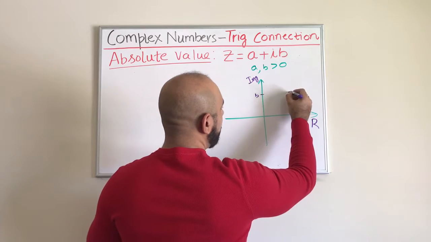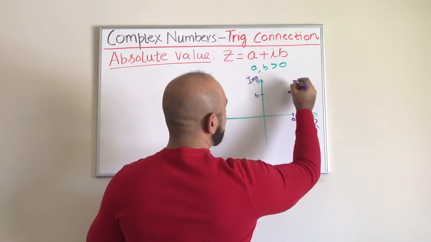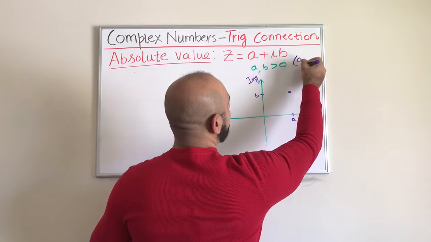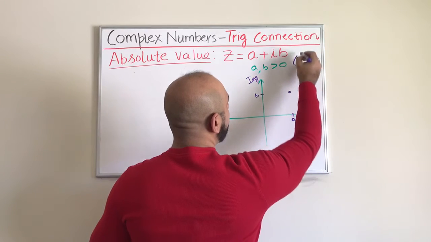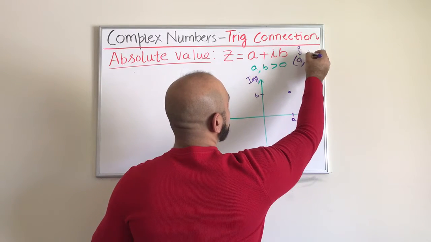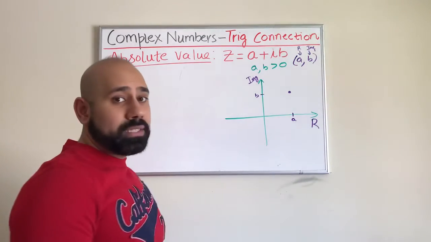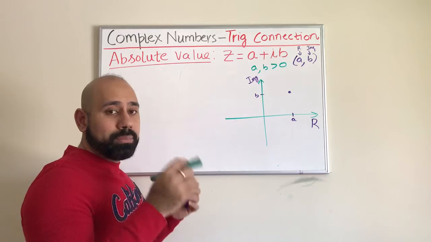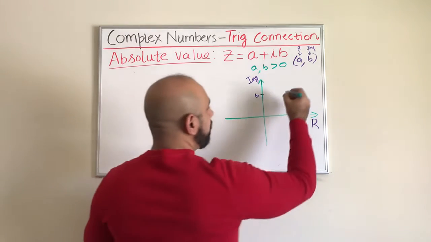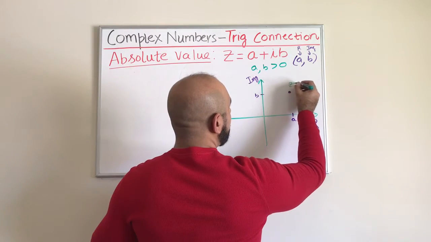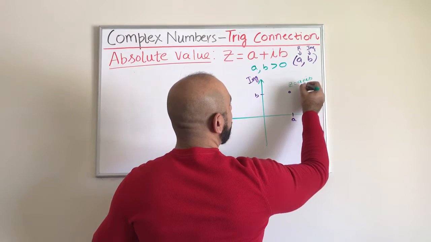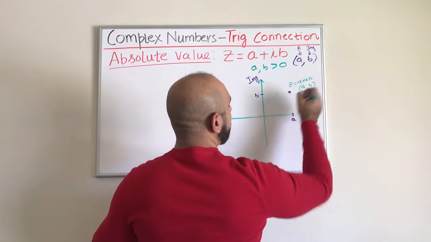This point would be my complex number z, represented by a coordinate pair a comma b, where a is the real part and b is my imaginary part. That is how we plot complex numbers. We identify the real and the imaginary part, and then we plot that point based on that information. So this is my complex number z equals a plus ib, or you can also think of it as a coordinate pair a and b.